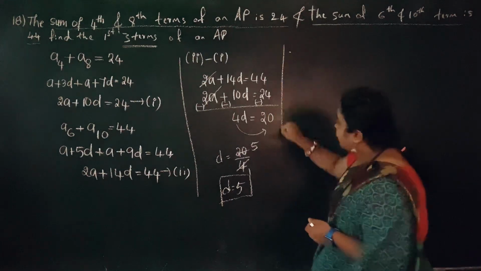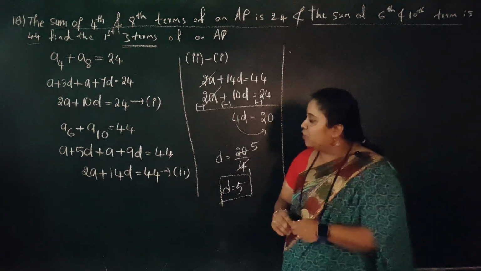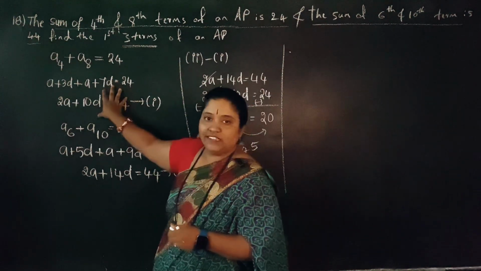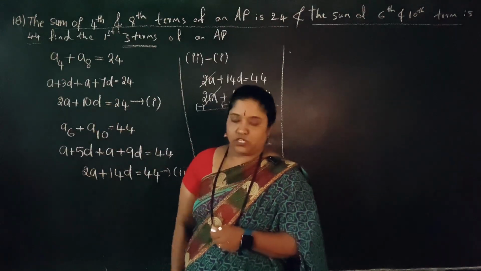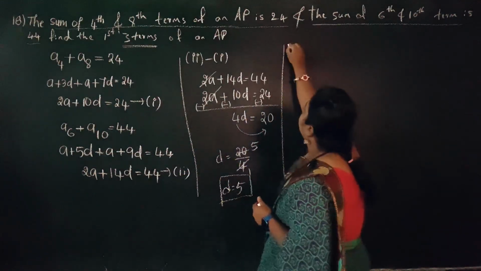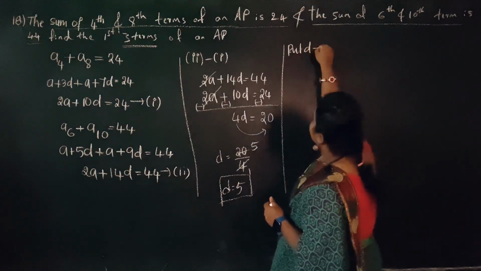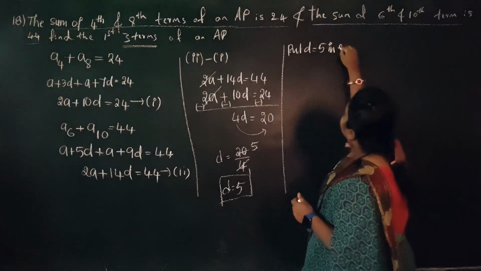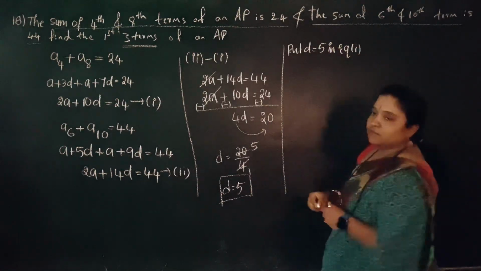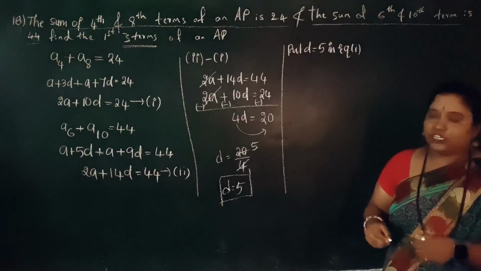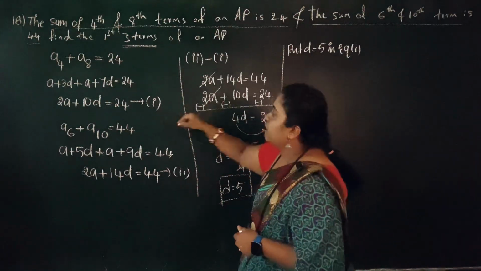Once I got the D value, it's very easy for me to calculate the A value if I substitute D in any of the equations. Now what do I do, dear? Put D is equal to 5 in equation 1. What is equation 1?